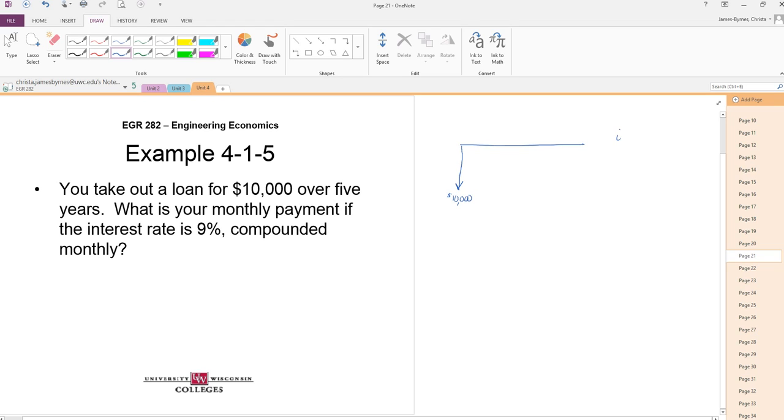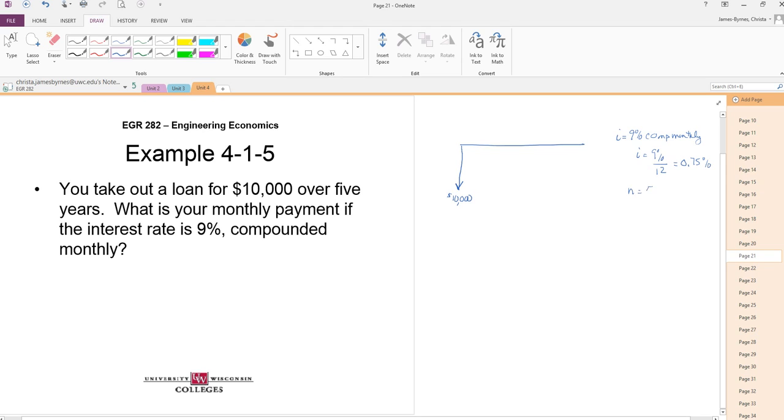Oh, all right. I is 9% compounded monthly. So I is 9% over 12, which is 3/4%, right? 0.75%.